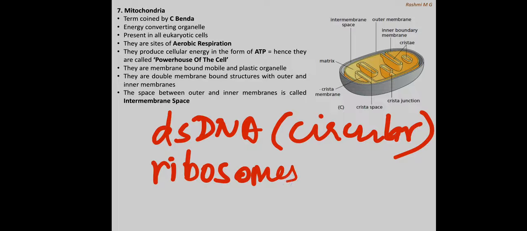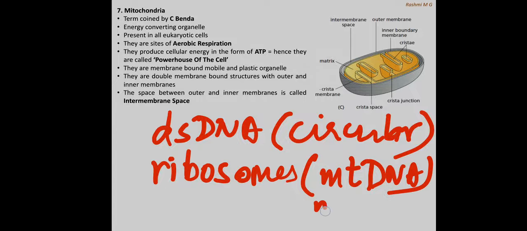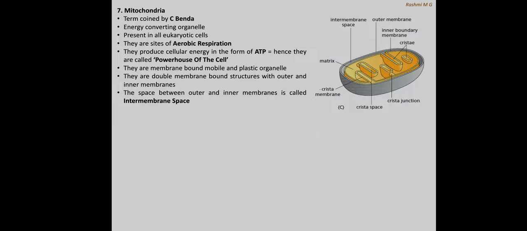So mitochondria is the organelle which has DNA of its own and ribosomes of its own: mitochondrial ribosome, mitochondrial DNA, mitochondrial proteins. These are specific for mitochondria.